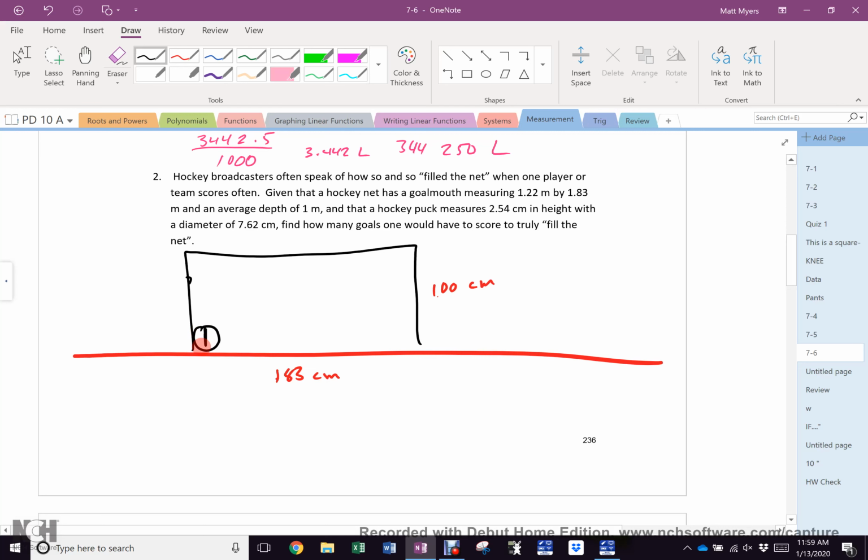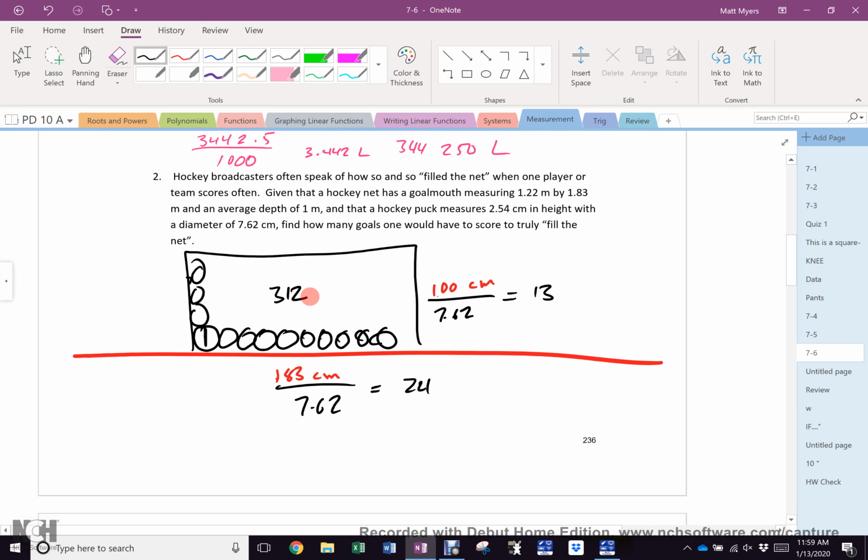So 7.62. So what do I have to divide that by to know how many pucks I can go backwards? 7.62. What do I have to divide that by to know how many pucks I can go across here? 7.62. So on the ground, to fill this space, I would need 24 pucks, right? And I could go back 13. So this layer would be 24 times 13, which is 312. Agreed?